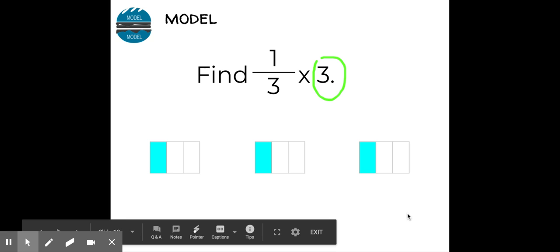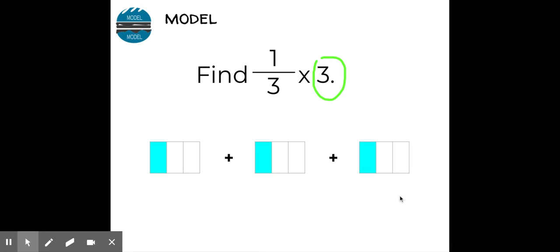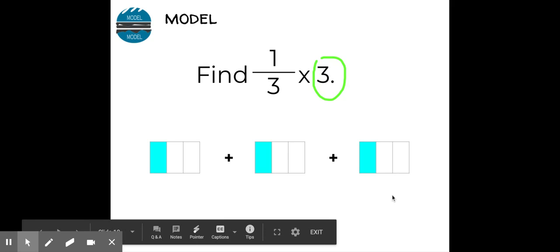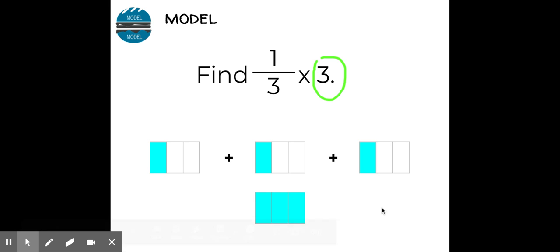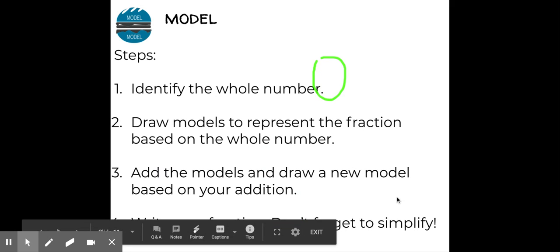So I'm going to make my model for 1/3 3 times, and I'm going to use repeated addition to add them together. And my answer would be a model that is completely filled in because I have 1/3 here, 1/3 here, 1/3 here, and it all fills in this one model. So my answer would be 1.